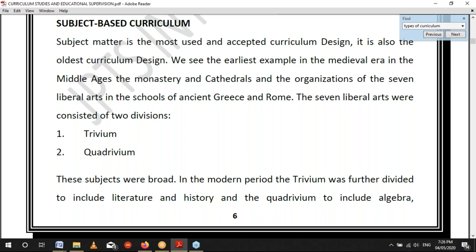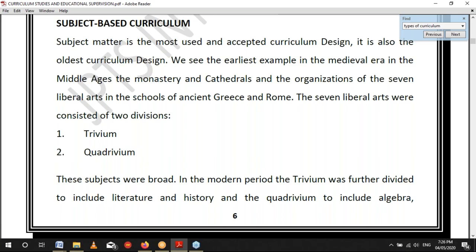The person handling mathematics is the sole owner of that subject. No other person intervenes with that teacher in mathematics. The same thing as biology, literature. So the teacher stands as a monopoly to that subject.